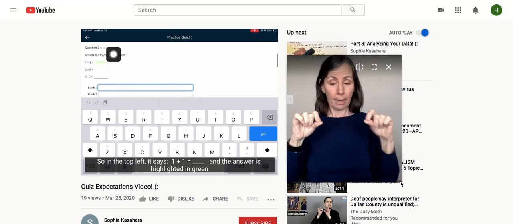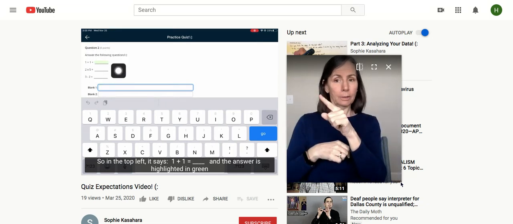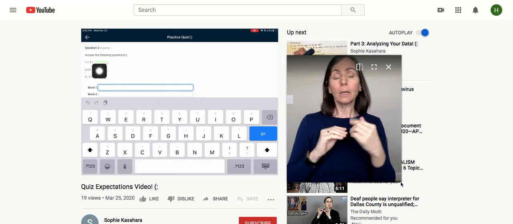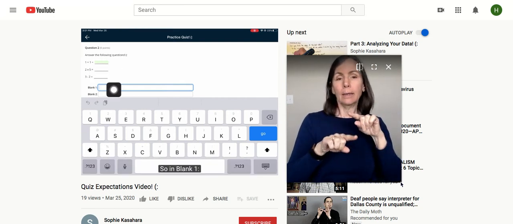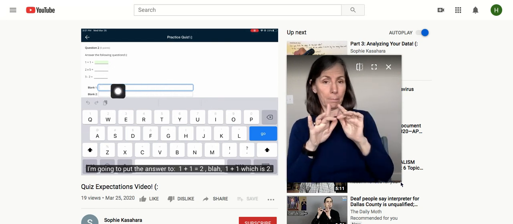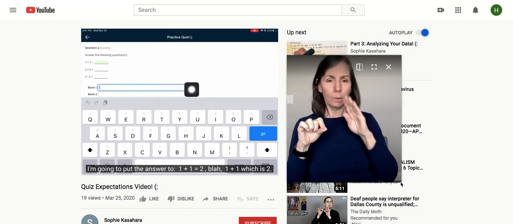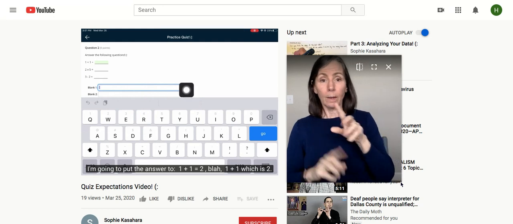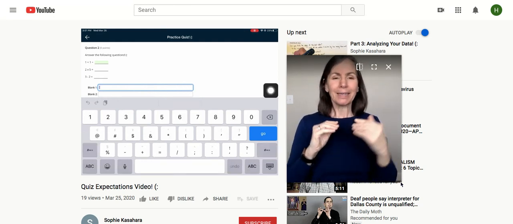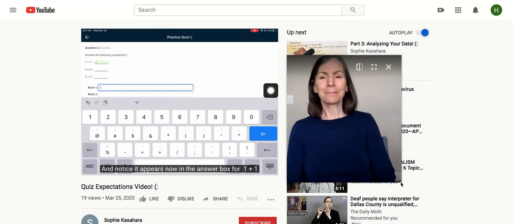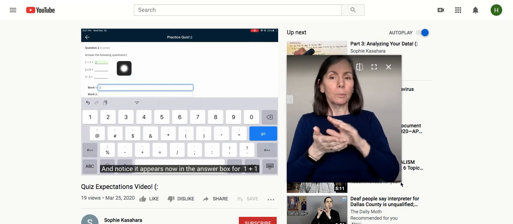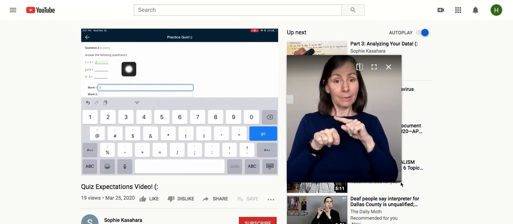So in the top left, it says 1 plus 1 equals, and the answer is highlighted in green. So in blank 1, I'm going to put the answer to 1 plus 1, which is 2. And notice it appears now in the answer box for 1 plus 1.